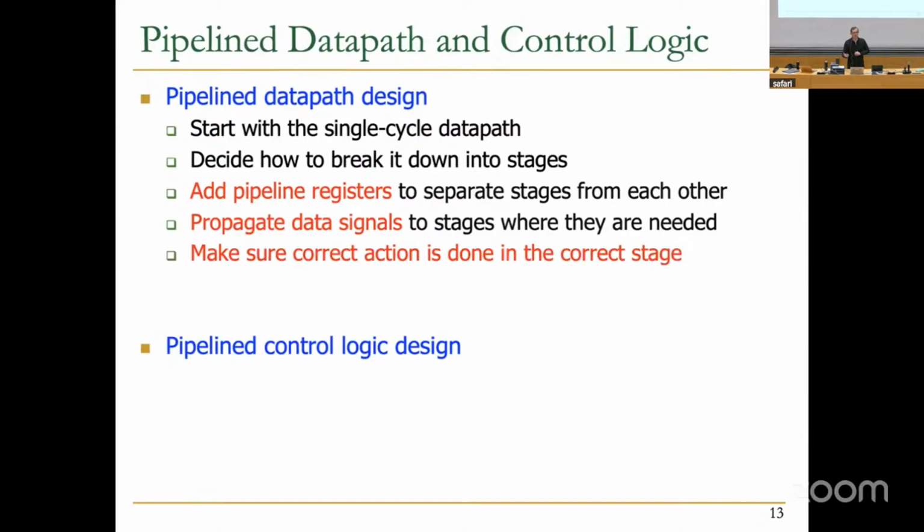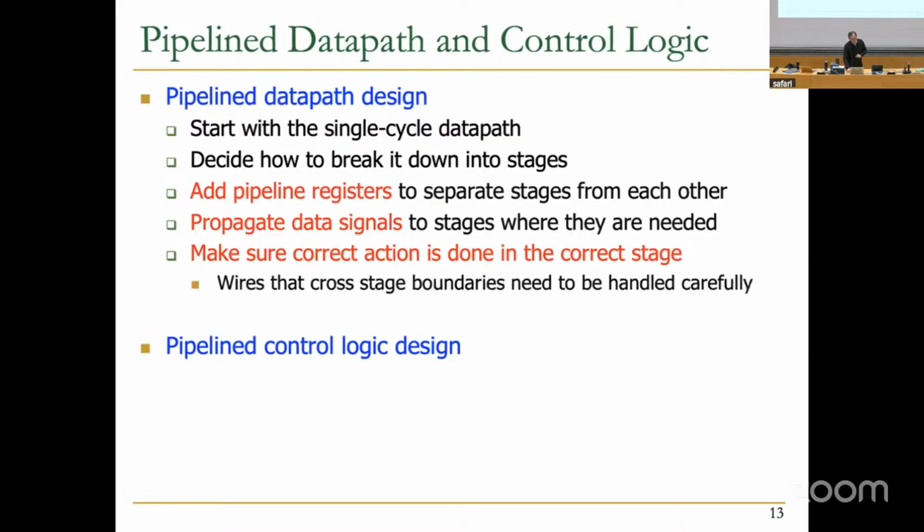And also, on top of this, you need to make sure the correct action is done in the correct stage. What do I mean by this? You need to ensure that the data signals go to the right place. You cannot send the data signal to the wrong place. And we're going to look at that. This is actually true for control signals also, because control signals are part of the design of the data path, not the control logic necessarily. Essentially, whenever a wire crosses stage boundaries.